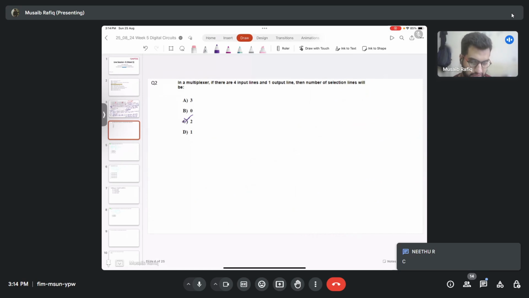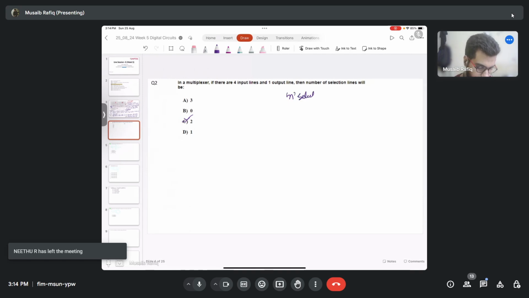But we can write a general expression. If I have, let's say, n select lines in a mux, that implies my mux will have 2 raised to the power n inputs, so that will be a 2 raised to the power n is to 1 mux.